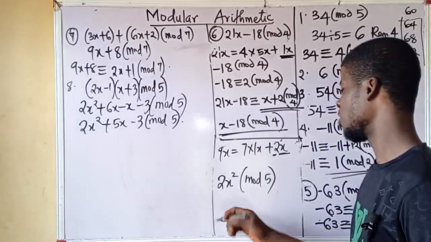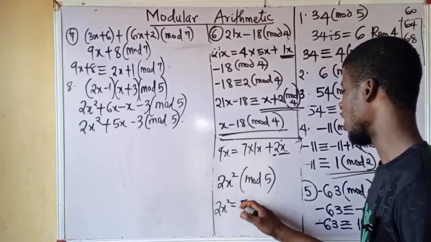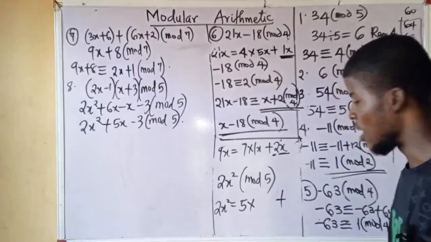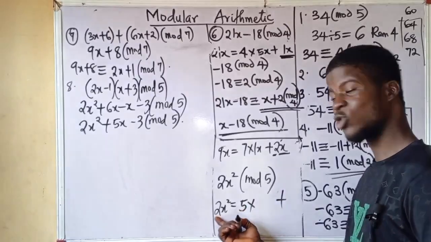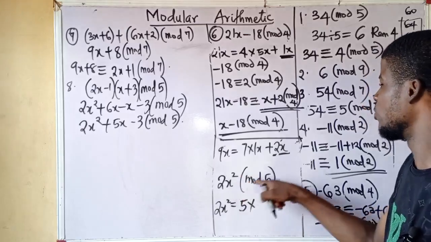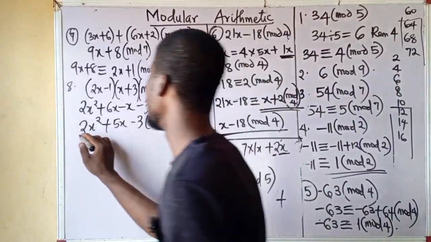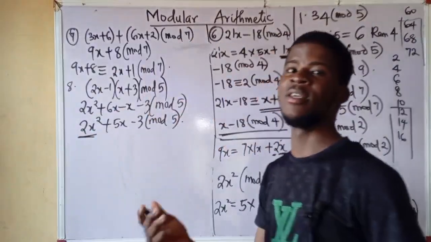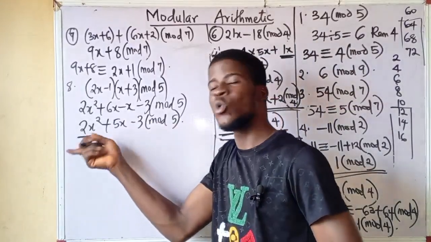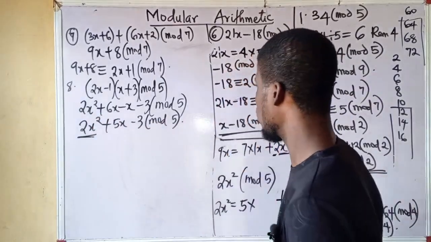It is impossible to say somehow that 2x squared is equal to 5 times something plus something, because 5 is already bigger than 2. You understand me now? So 2x squared modulo 5 is correct. Yes. So I will be leaving the 2x squared. So in the result, that is the value that will be congruent to this, 2x squared will still appear there. You understand me?